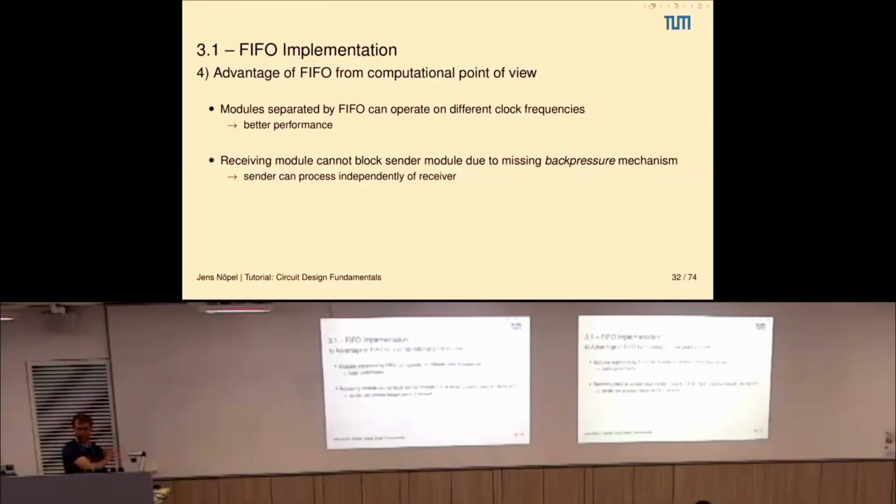Any other questions regarding this? Yeah, come again, please. So you always go through the FIFO, right? So you always use it. And if module B is either saying I cannot receive, or is receiving at a much slower rate than module A produces data, then the FIFO will fill up.